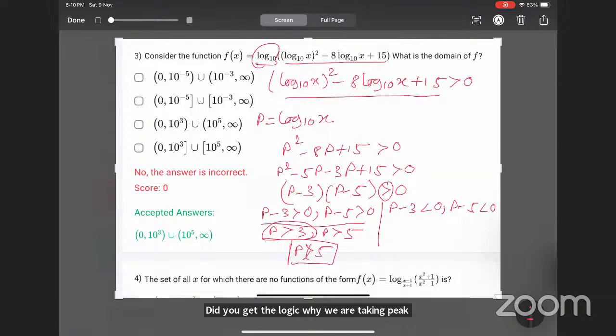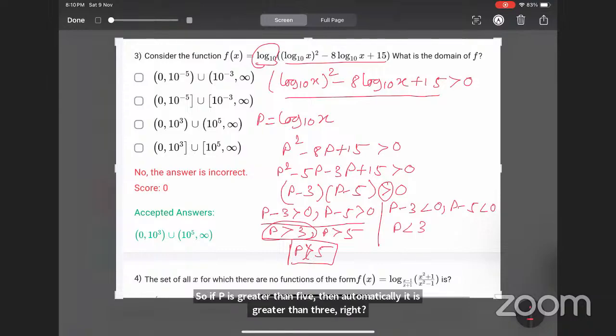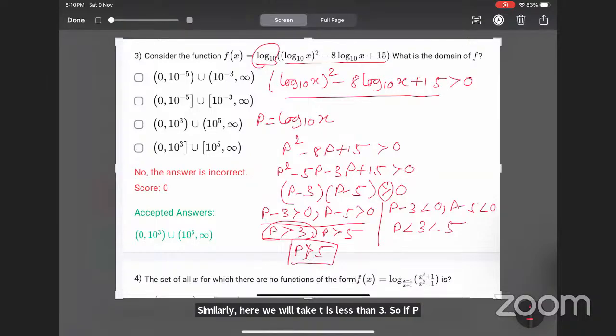We are taking the common part. If p is greater than 5, then automatically it is greater than 3, right? Similarly, here we will take p less than 3. If p is less than 3, then it will be automatically less than 5, right? Then we have p greater than 5 and p less than 3.